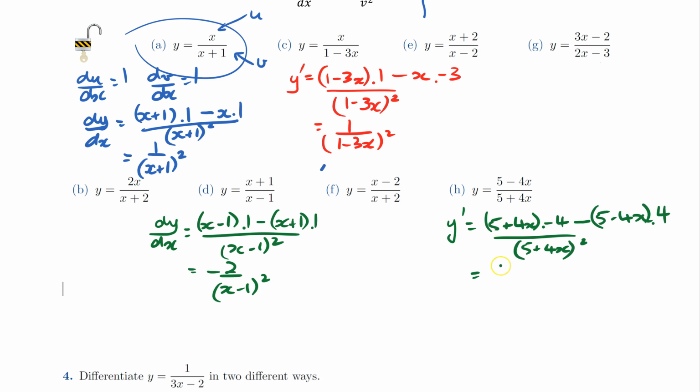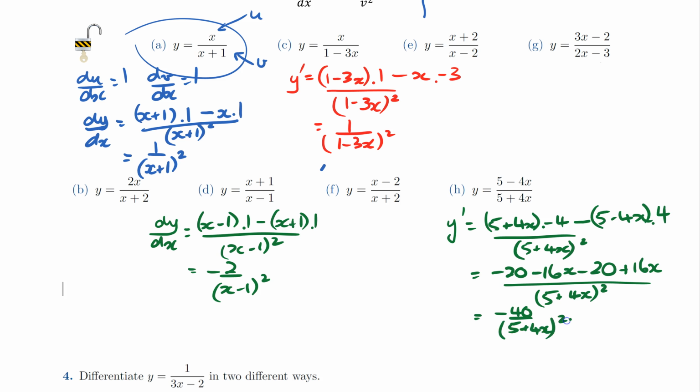Simplify the top, so that will be negative 20 minus 16x minus 20 plus 16x. The 16x cancels, and that's all over the bottom. I nearly did what is the easiest thing to do, which is to lose the bottom. So that will then come to minus 40 over 5 plus 4x all squared.